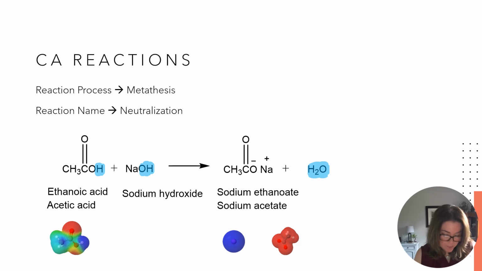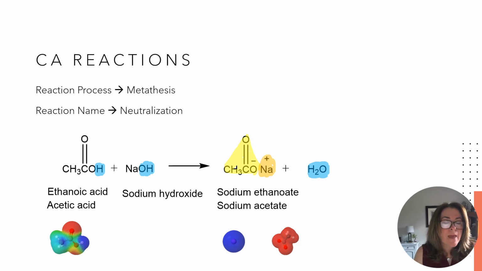Now, when this happens, I end up with the acetate ion from my acetic acid, or my ethanoate ion, and my sodium ion. This makes this neutral, right? So I'd have a neutral pH, or pH of around 7.